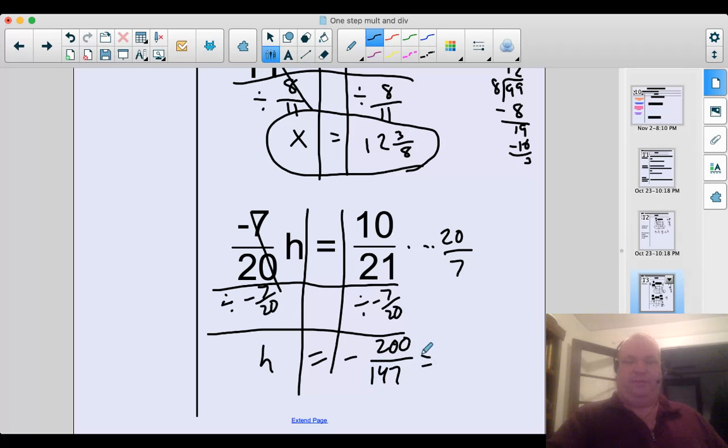Okay, so I know 147 goes into 200 one time with 53 left over. So negative 1 53/200ths. Okay, that was kind of tempting to try to cancel stuff, but we can't do it there. Only if there was one thing on top, one thing on bottom that had a common factor.